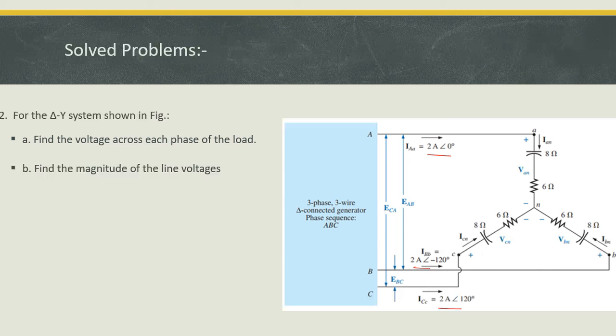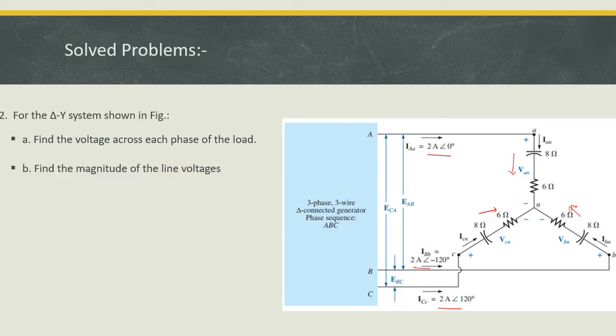It is a star connected load, so the line currents and phase currents are both equal, so the current through the corresponding load terminals is 2 amps with the respective phase sequences. Now in order to find the voltage across each phase, simply multiply the current by the corresponding load impedance.